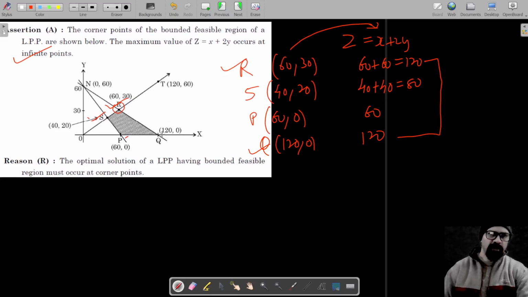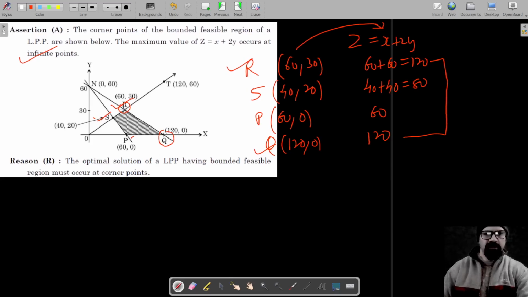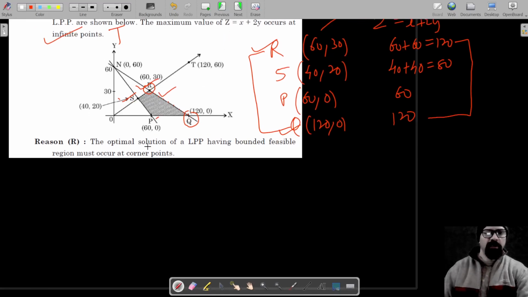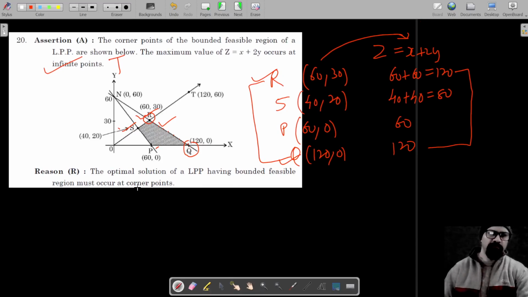So we have the maximum value at R and Q, which means that the line joining these 2 points will have an infinite number of points, and at each of these points on the line joining R and Q, we will have the maximum value of Z. So the first statement, the assertion, is true, because the maximum value of Z occurs at 2 points, and we will get an infinite number of points if we join R and Q. So for every point on R and Q, which are infinite, we will get the maximum value of Z. Now the reason says the optimal solution of an LPP having a bounded feasible region must occur at a corner point.